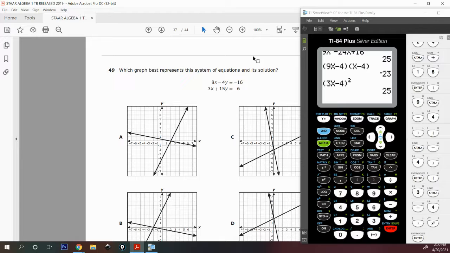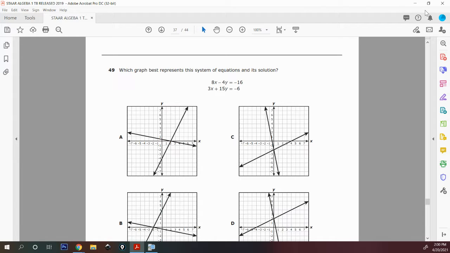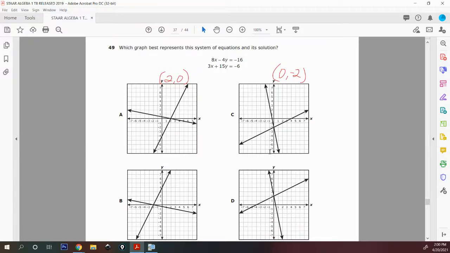All right, it says which graph best represents this system of equations and its solution? Well, the solution is where they cross, so what I want to do is find the point where they cross. So this one would be (2, 0). This one would be (0, -2). Scroll down a little bit.